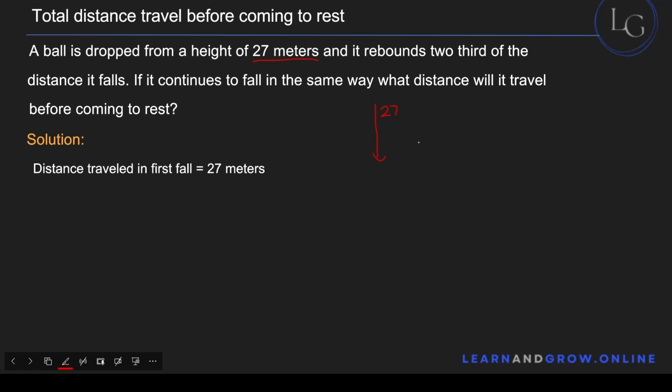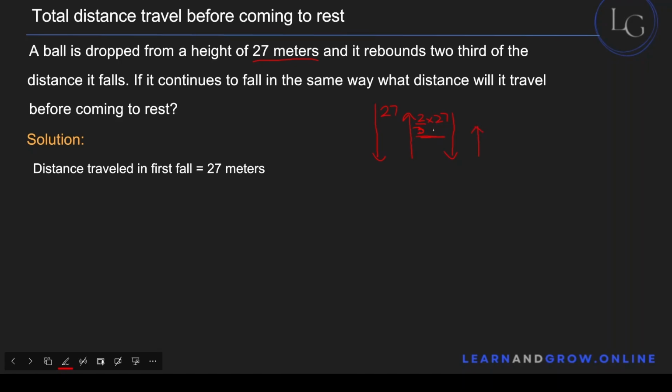So when it comes back up, it is basically 2/3 of 27. And obviously it will also come back down in the same length. And then it will go back up to 2/3 of this value.